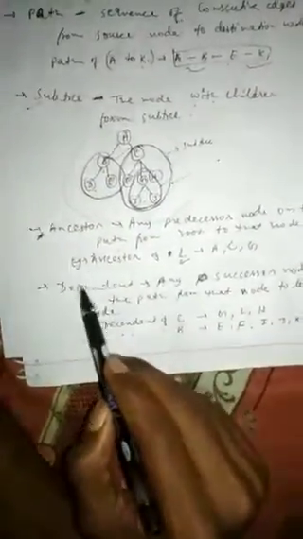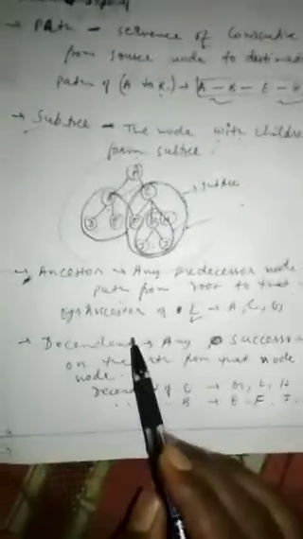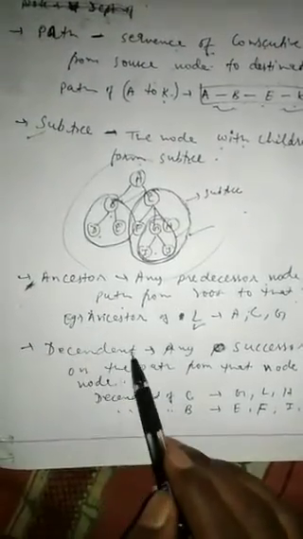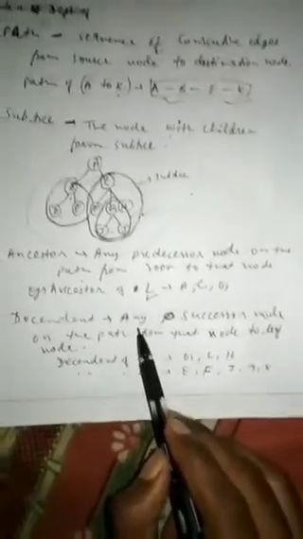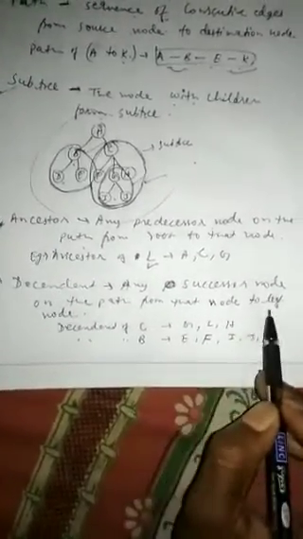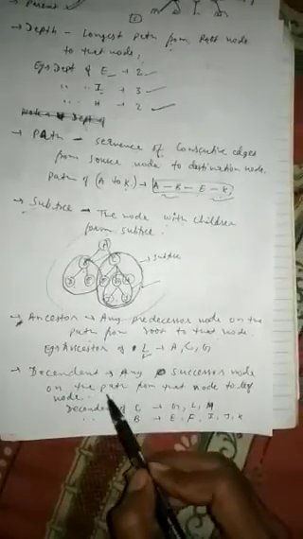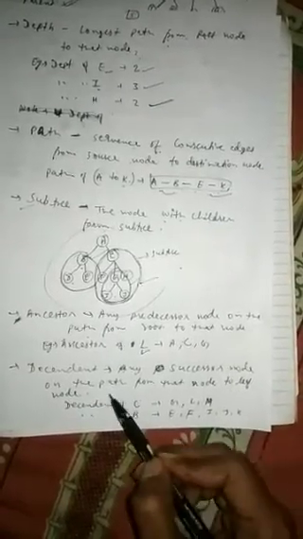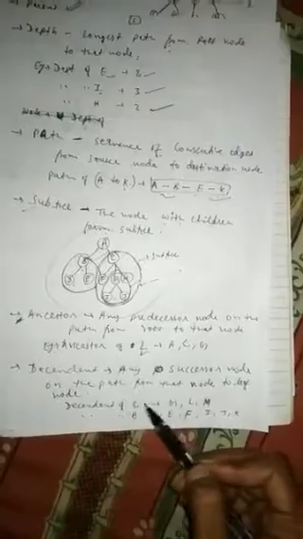Okay, again, now the descendant. So here is the definition: any successor node on the path from that node to a leaf node.